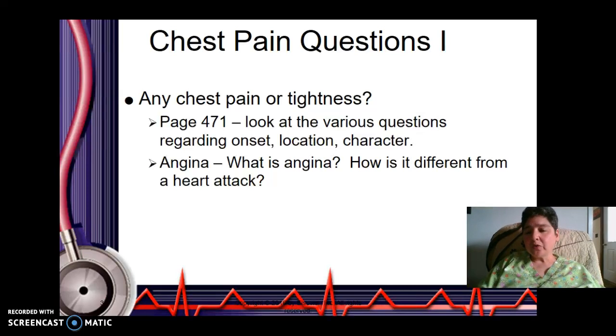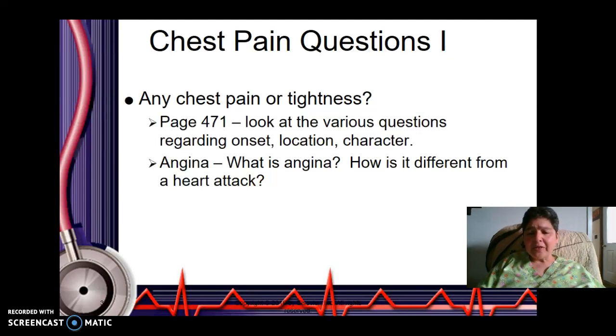When you assess your partner in lab, you're probably not going to find a lot of abnormal findings on your mostly healthy lab partner, but it's important to understand the rest of these questions so that when you get out into working in clinical and as your future careers as nurses, you're going to need to be able to understand that. Angina, what is angina and how is it different from a heart attack?